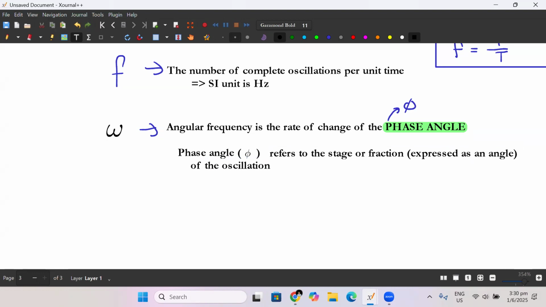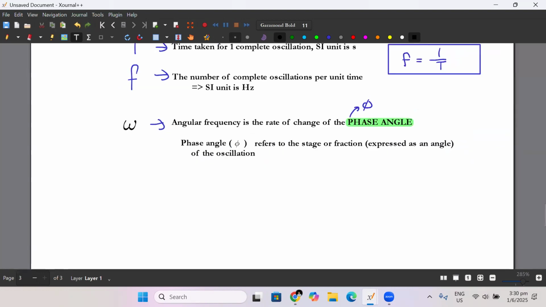So that's what phase angle is. For example, one full cycle is defined as 2 pi radians or 360 degrees. So the phase is the measure of where we are in the oscillation.